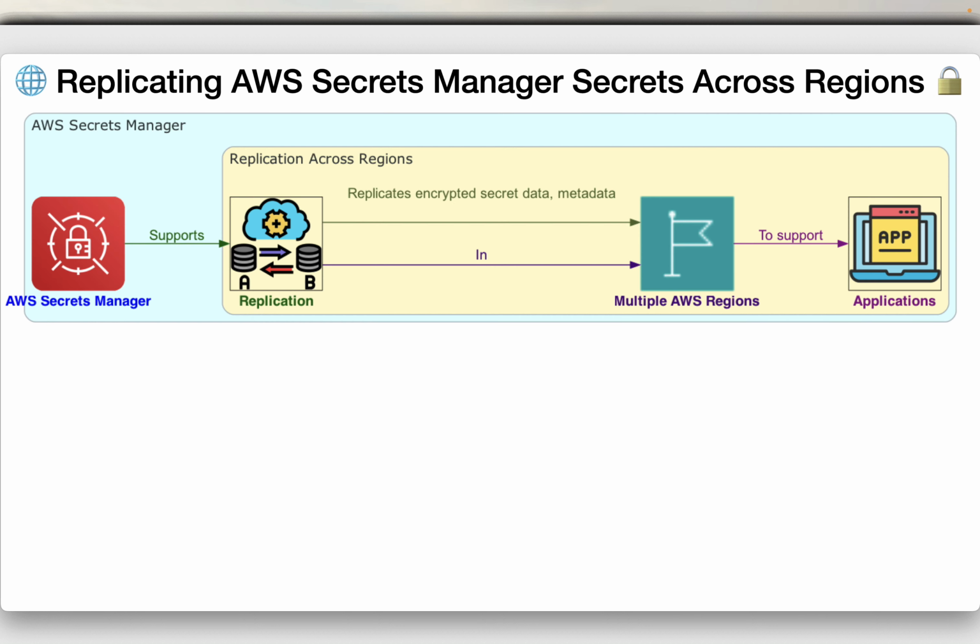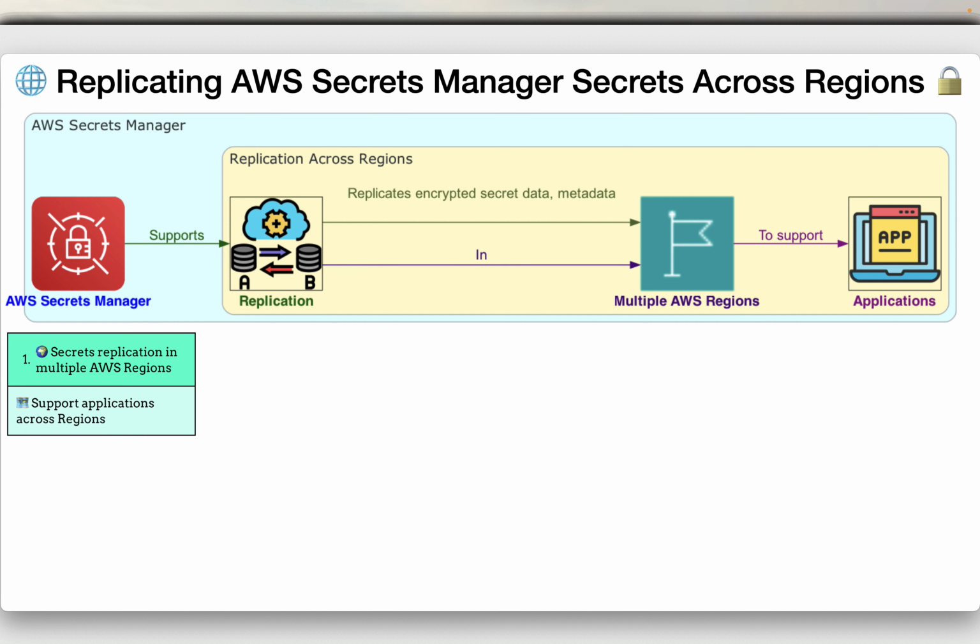Okay, replicating AWS Secrets Manager secrets across regions. You can replicate your secrets in multiple AWS regions to support applications distributed across those regions. Secrets Manager is a regional service, so if you have distributed applications, you have to replicate your AWS Secrets Manager secret from one region to another.